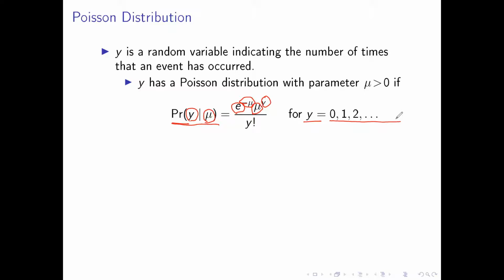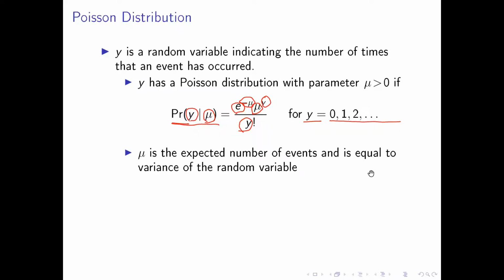Usually, it's under 10. To calculate the probability, we simply, first of all, plug in the count for y, that is, exactly which count we observe here. And also, if we know mu, that is the expected count, then we can figure out that number.